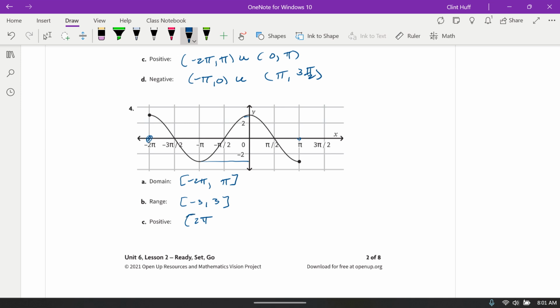Actually, no, it's closed right there. So that'd be a hard bracket there, 2 pi to 3 pi over 2. And it's also positive from -pi over 2 to pi over 2. And where's it negative? It's negative from -3 pi over 2 to -pi, along with, or united with, pi over 2 to pi.